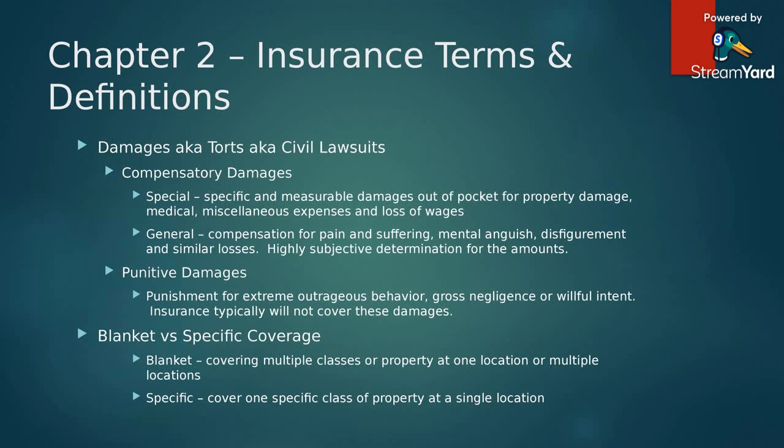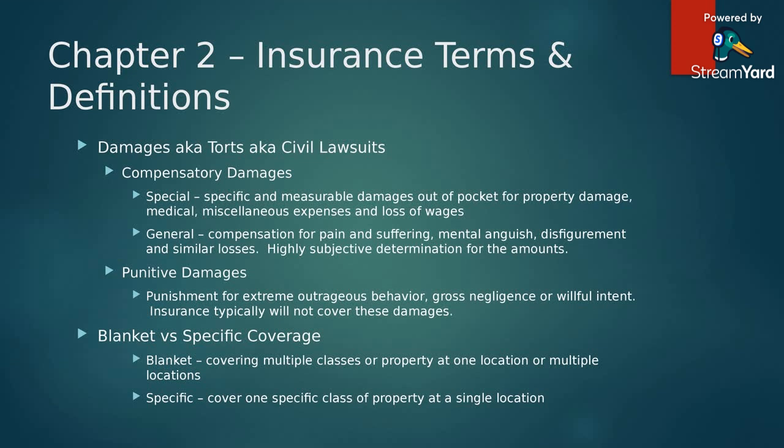Now, special compensatory damages are going to be specific measurable damages for monies out-of-pocket for property damage, medical expenses, miscellaneous expenses, loss of wages. These are very typically easily calculable. There's sometimes going to be some dispute about the exact valuation of certain things, but for the most part, this is very straightforward as far as the amount.